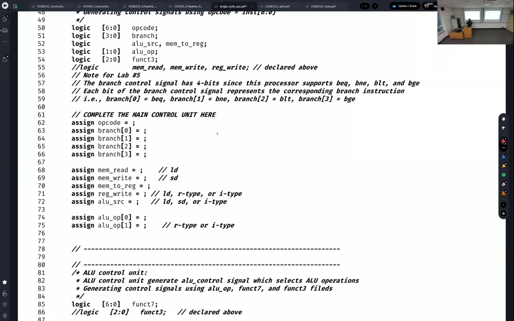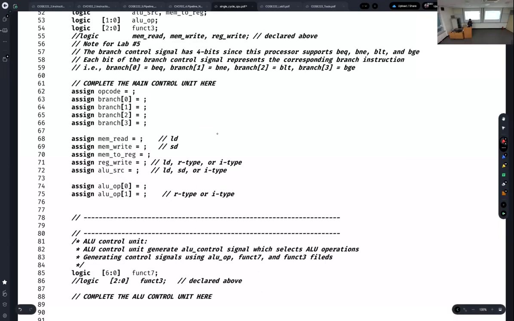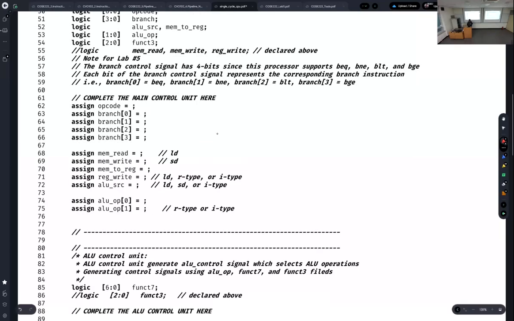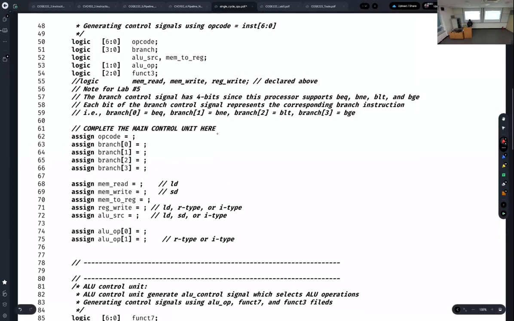For example, the second input of ALU can receive the output from the register file or the immediate value, right? But the multiplexer is not declared here, so you need to implement the multiplexers.